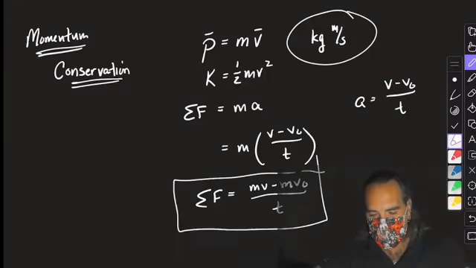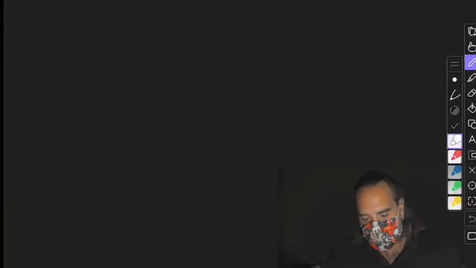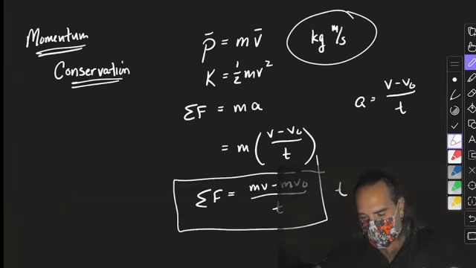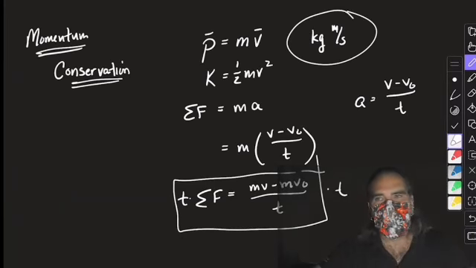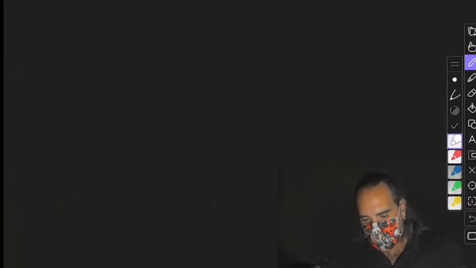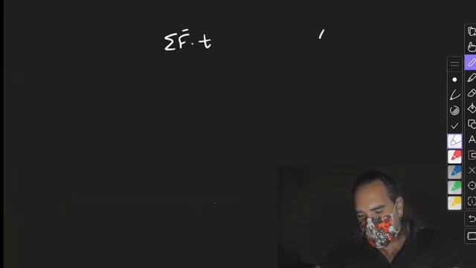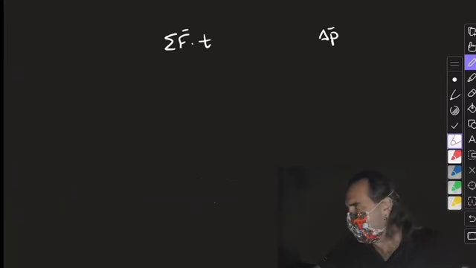Now, what I wish to speak about is taking this thing we have right here and multiplying both sides of the equation by t, because this is really what momentum is about. When I do that, I get the left side, which is net force times t, and the right side, which is delta p.